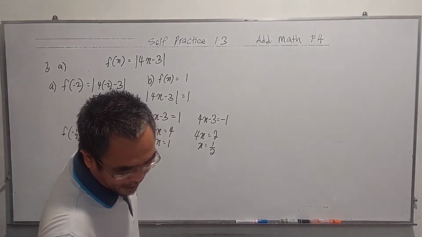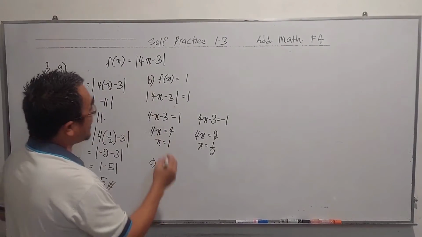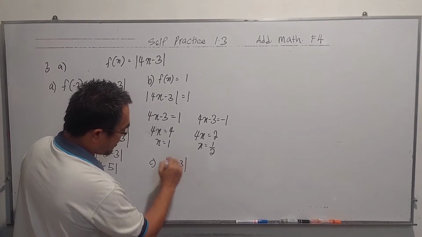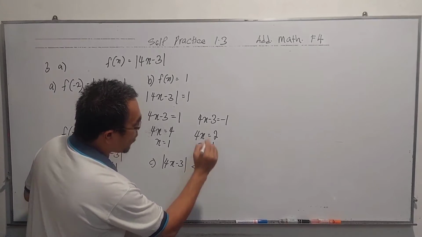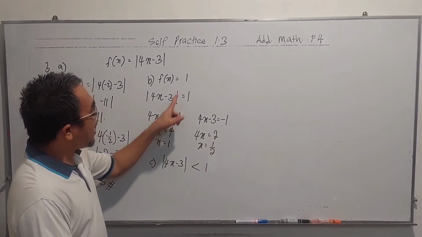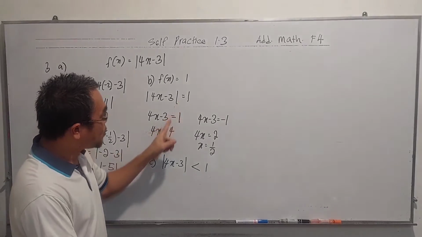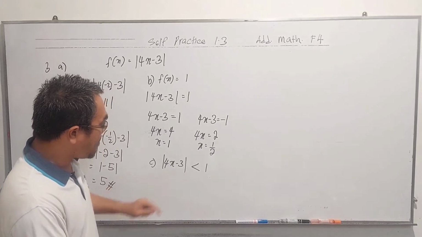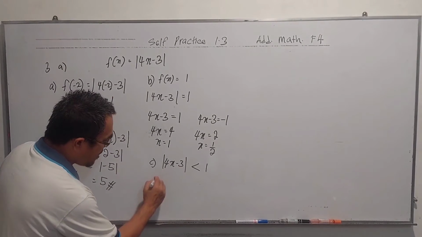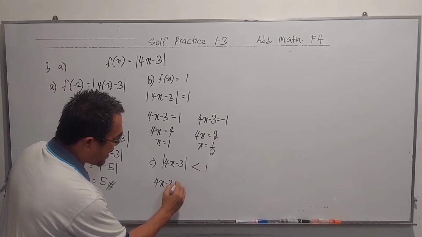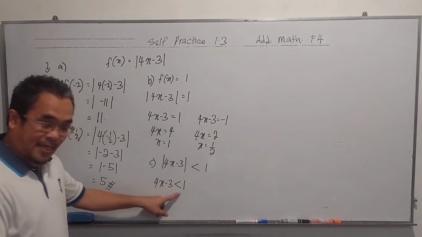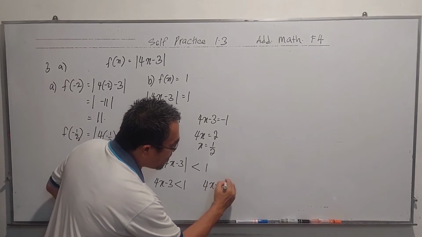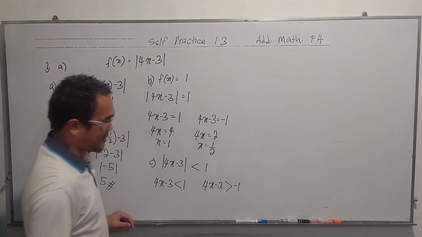The domain of f(x) less than 1. So again, you take this, 4x minus 3 modulus less than 1. We do the same thing as for equal to 1 and equal to negative 1, except you have 4x minus 3 less than 1, and also 4x minus 3 more than negative 1.